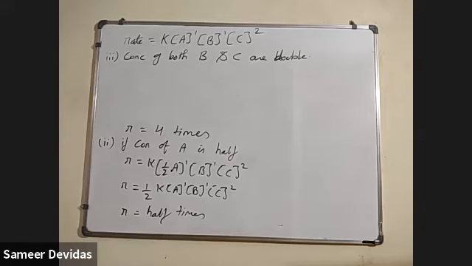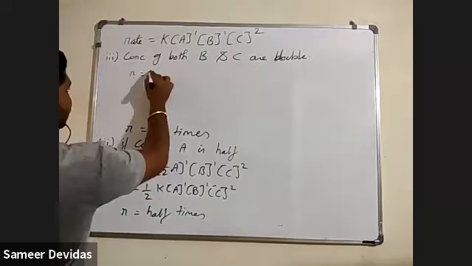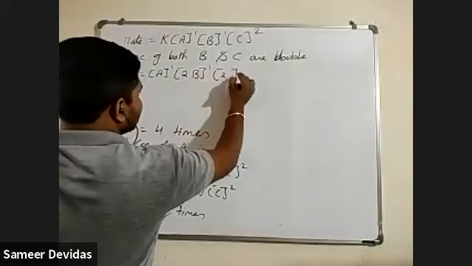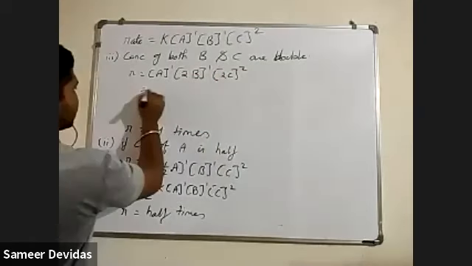It changes by 8 times. 8 times. Sure? Yes, sir. Very good. Okay. If you do this, then R is equal to A^1 will remain as it is. B will change 2 times and C will change 2 times.